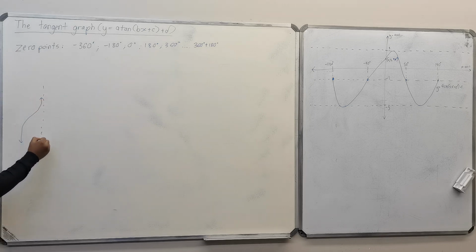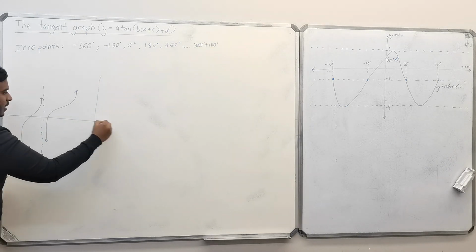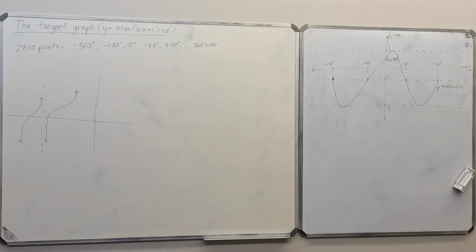It has a break there, and then it goes like this again. This point here, if you put it into your calculator, it comes up as a math error because the graph doesn't cut there at all. So those points are where there's no value of x.